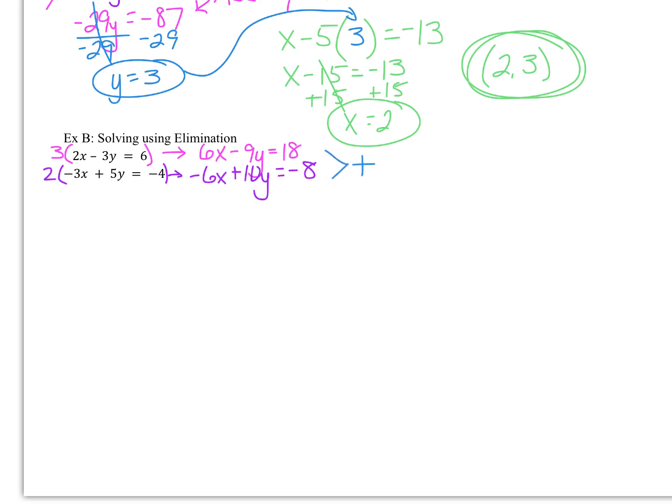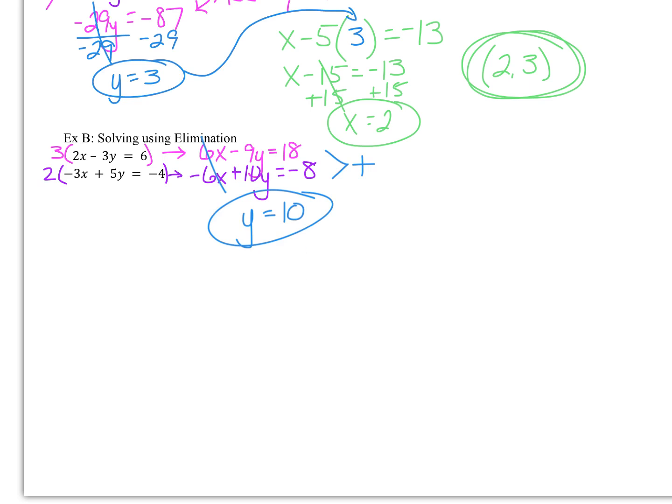So my 6x's cancel out. So what y am I going to have? Yeah, so negative 9 and 10 gives me just 1y. And 18 and negative 8 gives me 10. So there's no division needed on that one. y is 10.